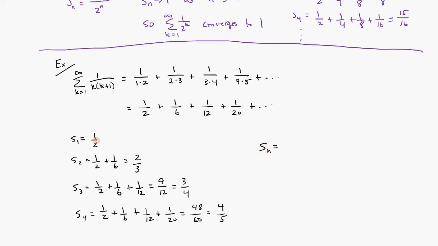And so for the sequence of partial sums, the numerator is the same as the index, so the numerator is equal to n, and the denominator is 1 more than the numerator, so the denominator would be n plus 1. And as n goes to infinity, you can see that the numbers are again approaching 1, so S sub n goes to 1 as n goes to infinity.